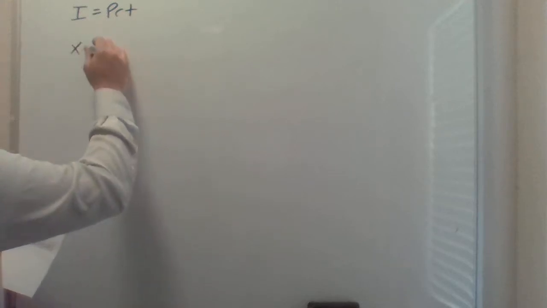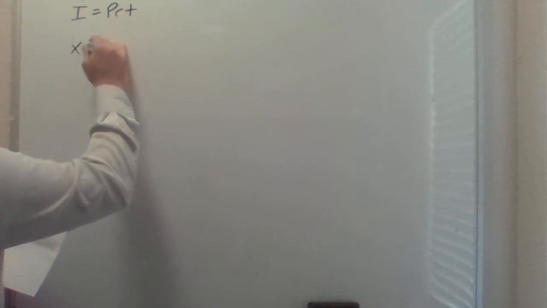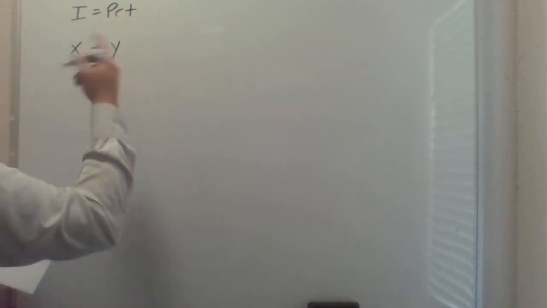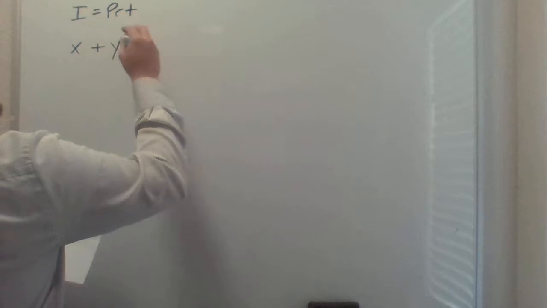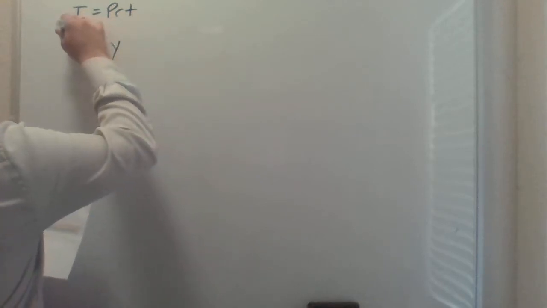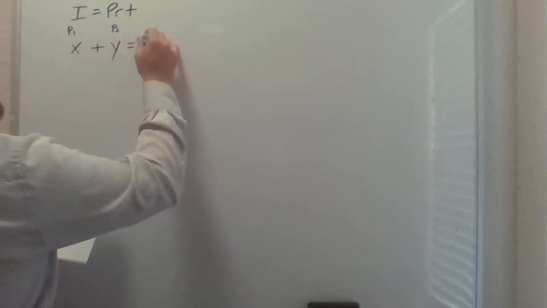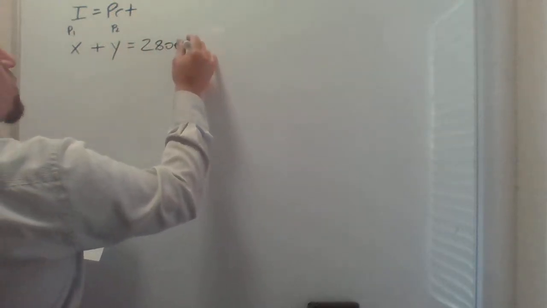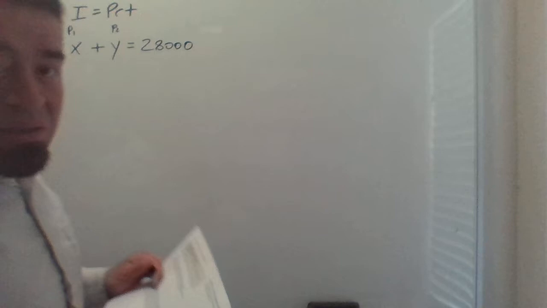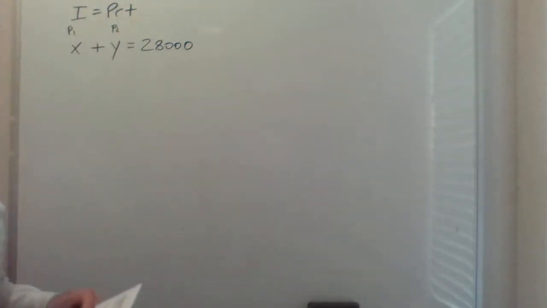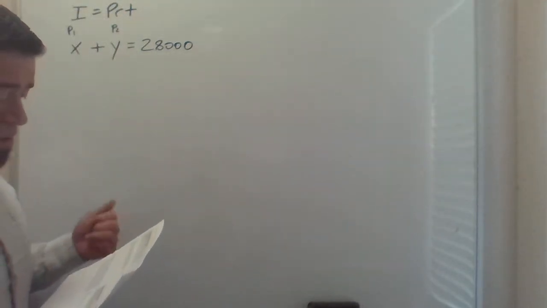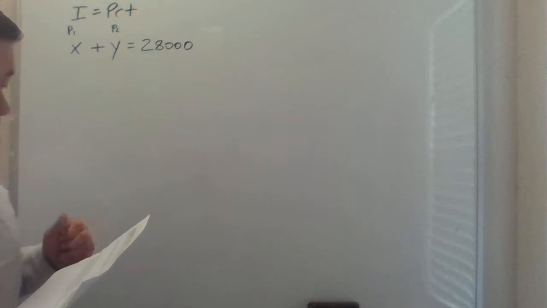So we'll call x one loan, and y is the principal on the other loan. This is principal one, that would be principal two, and that totals 28,000. So that's all I get from the first statement: the two loans add up to 28,000.